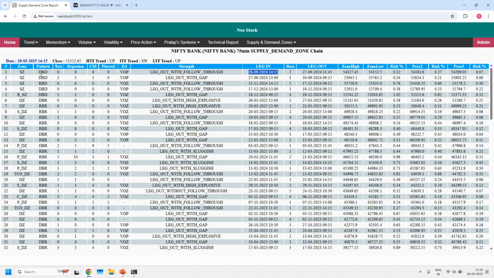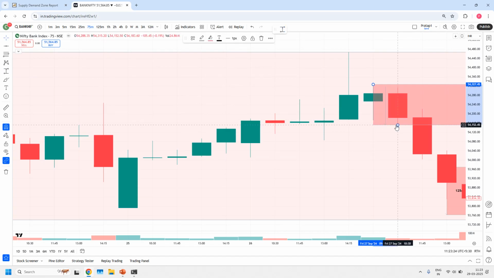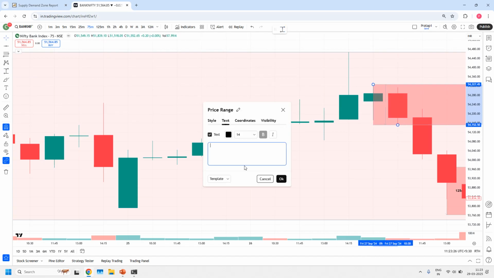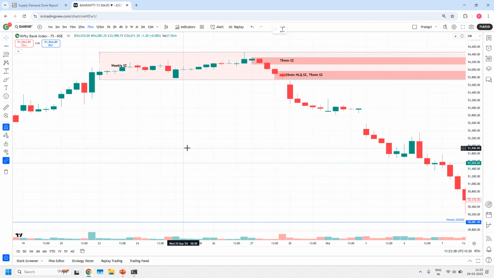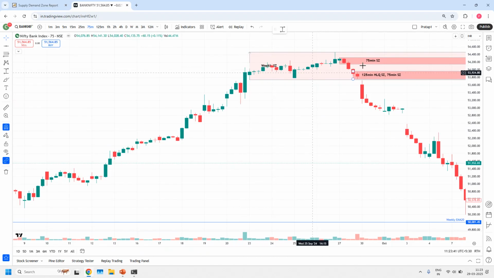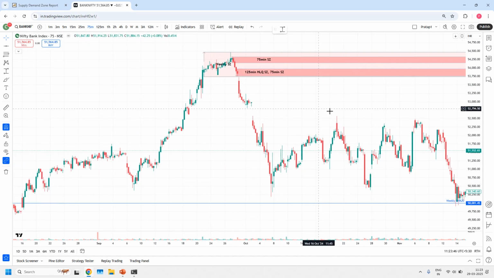See, the software has given drop base drop, two base candles, 27/9, 14:15. So this is again another 75 minutes supply zone. Good. So inside a weekly zone we have these zones, but there is no daily zone here.